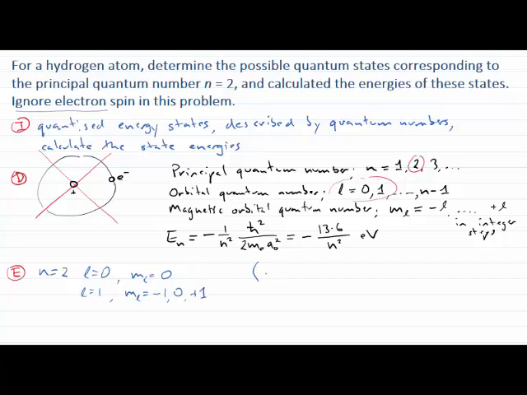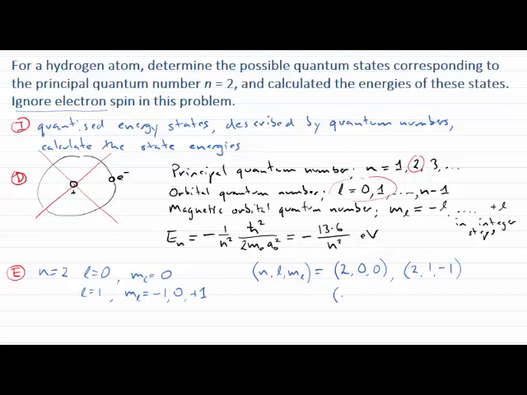So if we were to now list the possible states, we might list them in terms of those three quantum numbers, n, l, and m subscript l. The possible combinations we have here would be, well, they're all going to have n equals 2, that's what the question tells us, and we might have l equals 0, ml equals 0. We could have n equals 2, l equals 1, and ml equals minus 1.